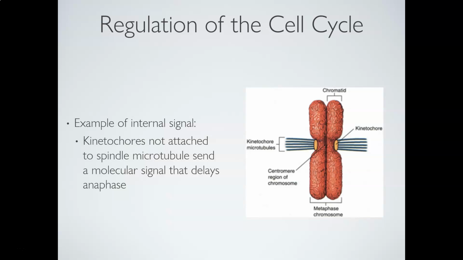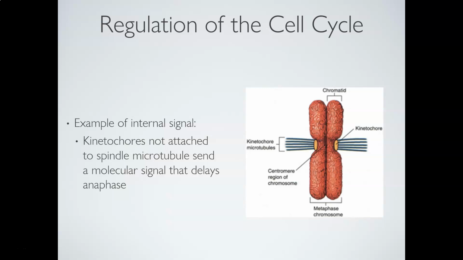Occasionally, that signal breaks down for whatever reason, and not everything is actually attached, and those spindle fibers start moving the entire chromosome, so both sister chromatids, to one end, which does ultimately end up causing issues in the resulting cells, because you will have some cells that don't have the information that they're supposed to, and the other cell will have a duplicate set of it.